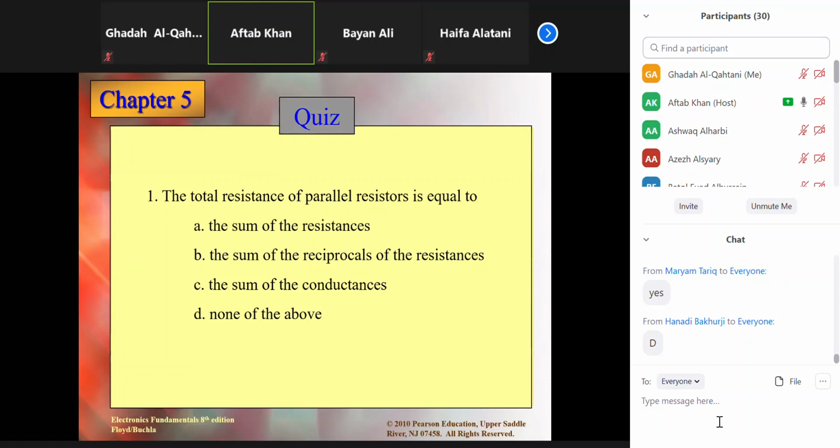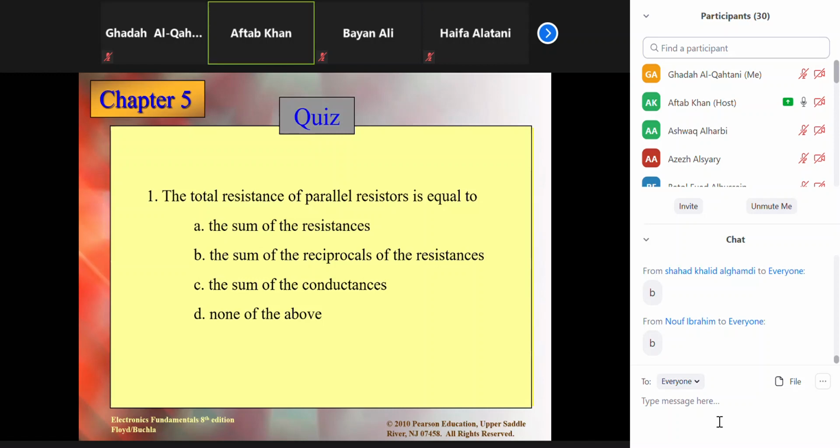The total resistance of a parallel resistor is equal to, okay, A, the sum of resistances, B, the sum of the reciprocals of the resistances. Okay, B, one more B. Okay, only one D. So 4 students know the answer.